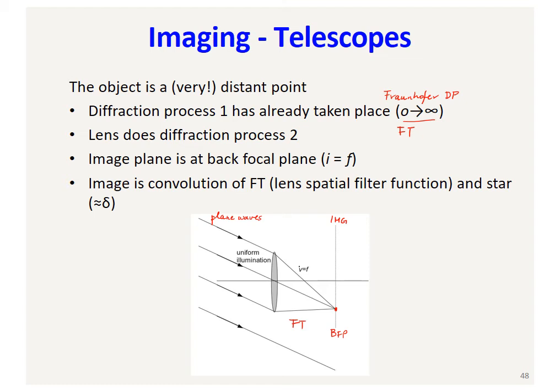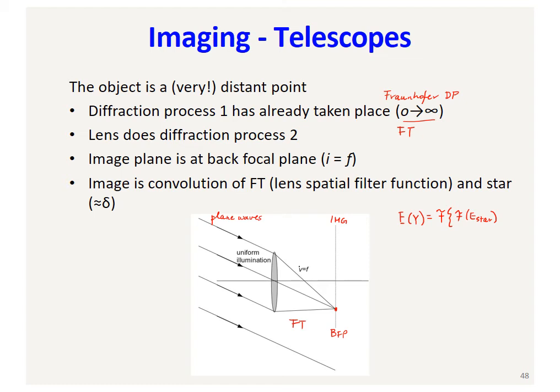If everything went well, we could get a great image of our astronomical object in the image plane because we would have the Fourier transform formed by the lens of the Fourier transform of the electric field that arrives at Earth, which would simply give us the electric field that arrives at Earth.